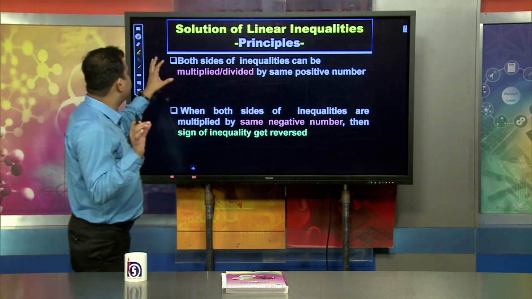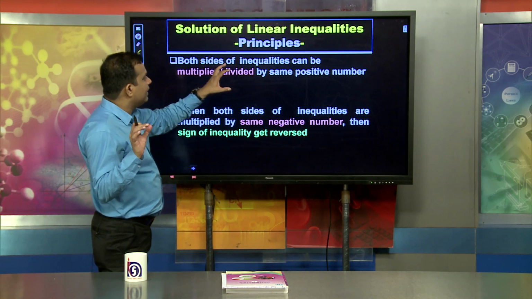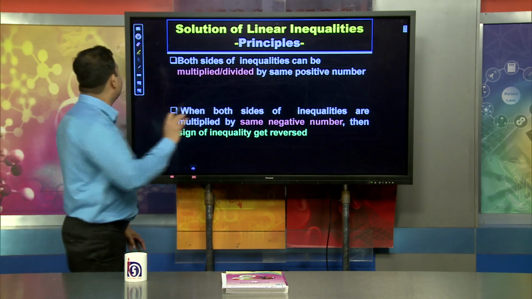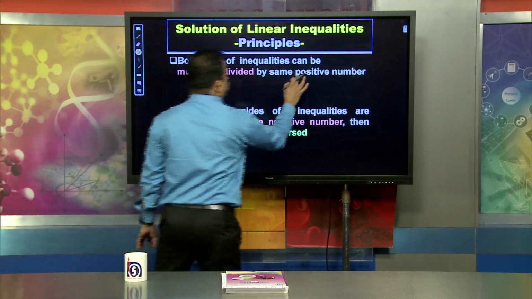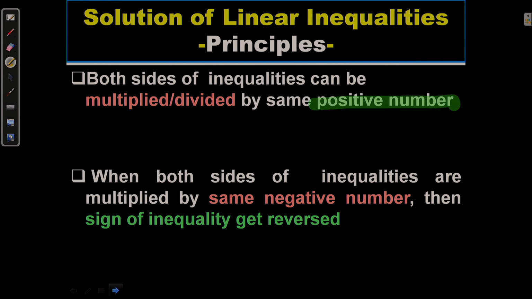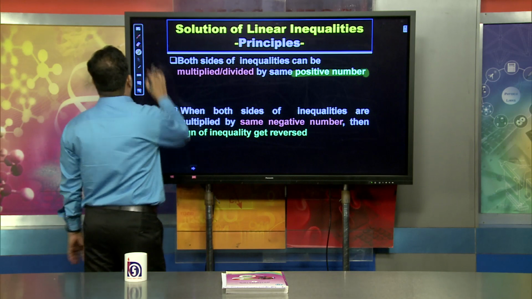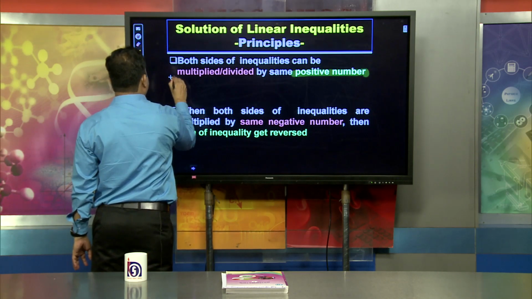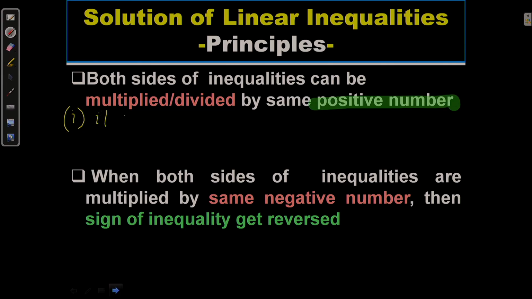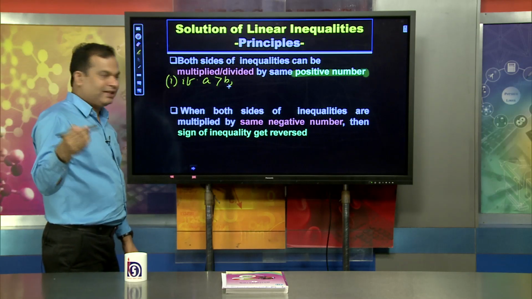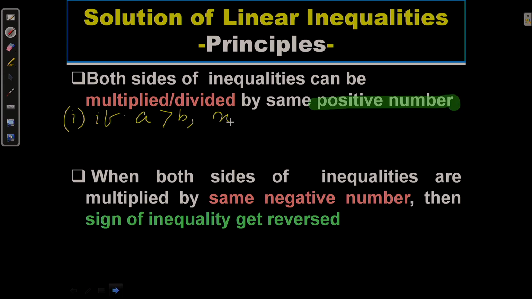The first case is multiplying or dividing by the same positive number. That word positive is very important. Suppose A greater than B and x greater than 0, then x is a positive quantity.